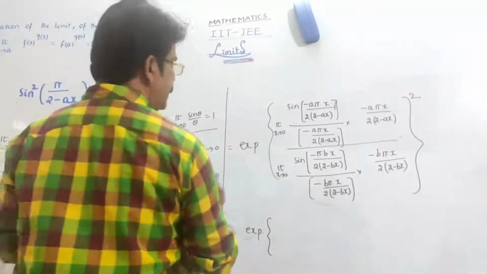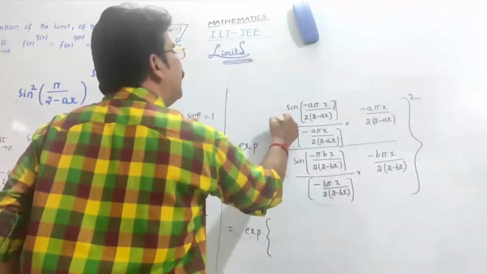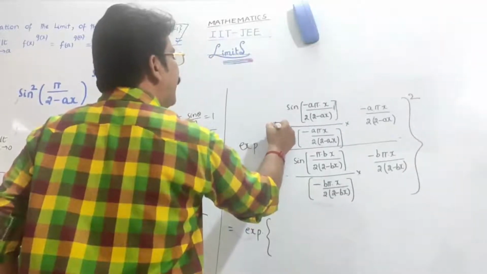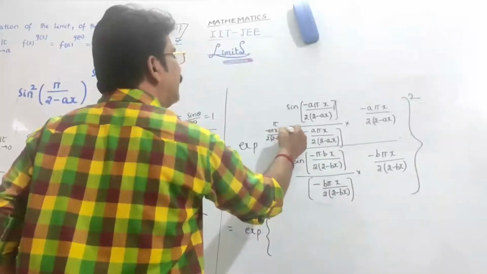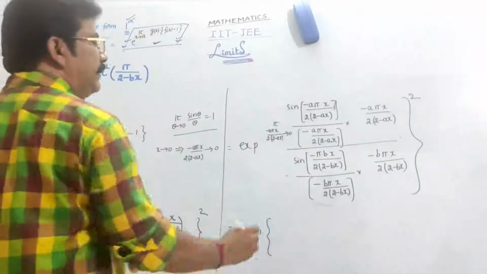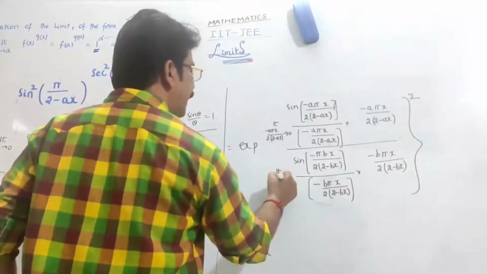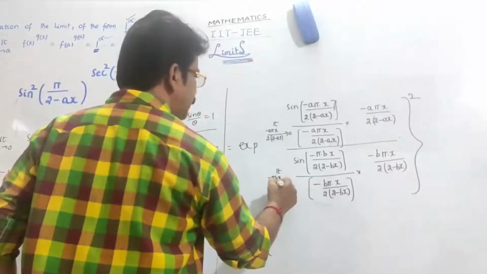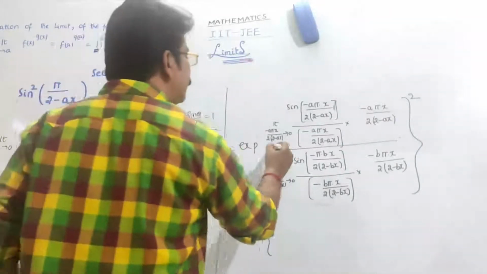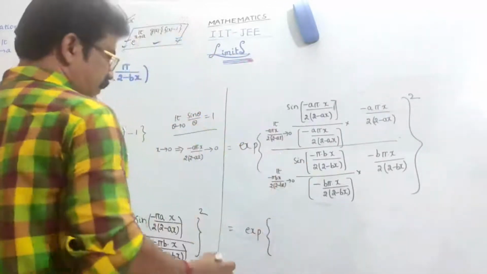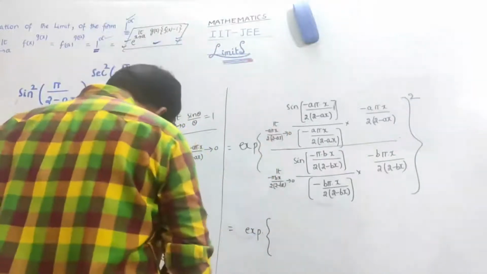Therefore, instead of x equal to 0, we can write that minus a pi x divided by 2 into (2 minus ax) tends to 0. Similarly here also, minus pi bx divided by 2 into (2 minus bx) tends to 0.